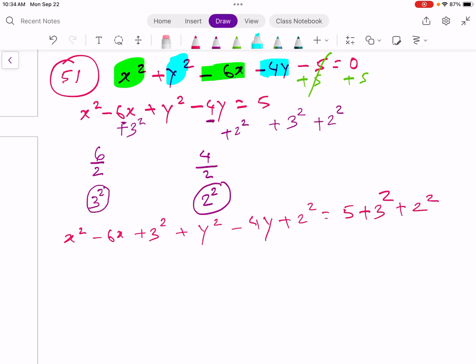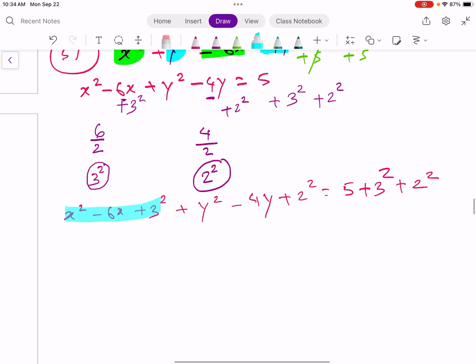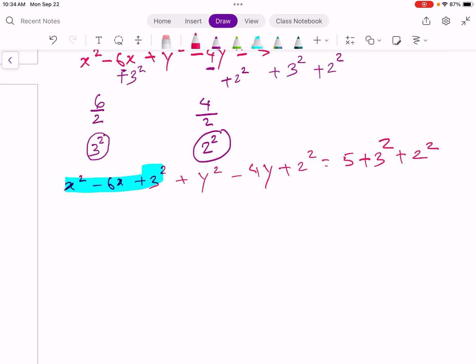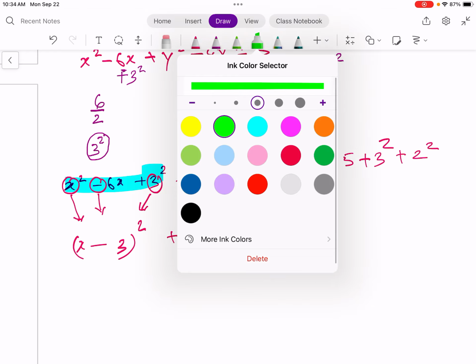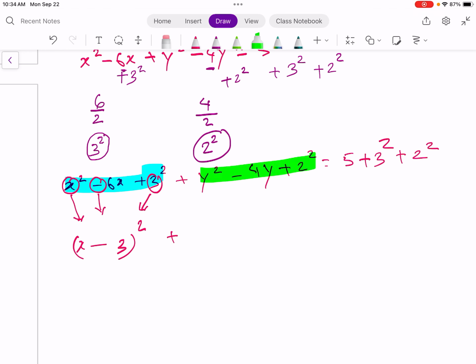Okay, now we have this trinomial. We will write this trinomial as a square of a binomial. For that you take x from here, you take the sign of the middle term, you take 3 from here, and we have (x minus 3) square. Then write down the next trinomial as a square of a binomial.